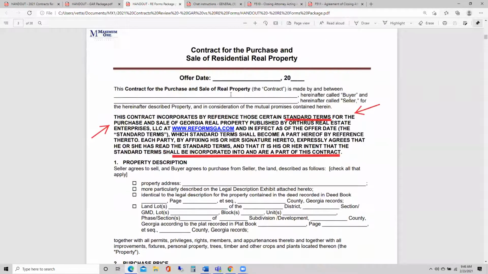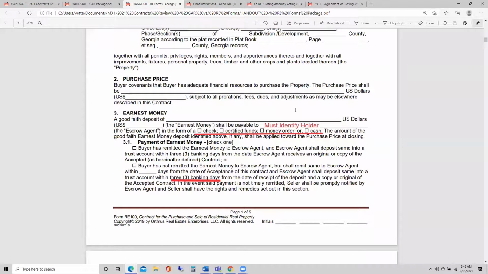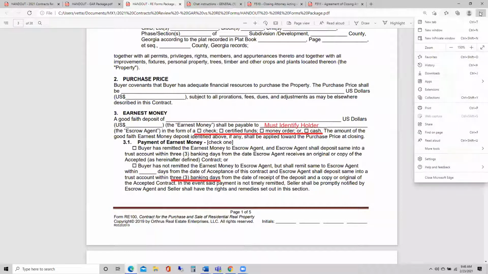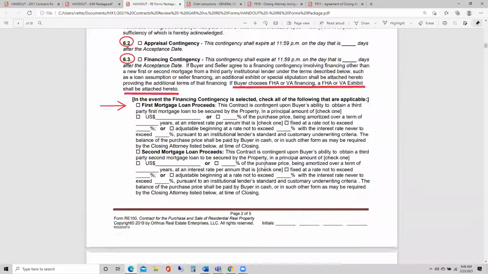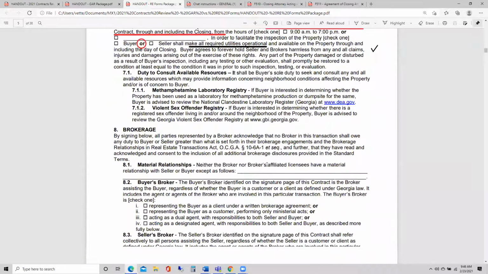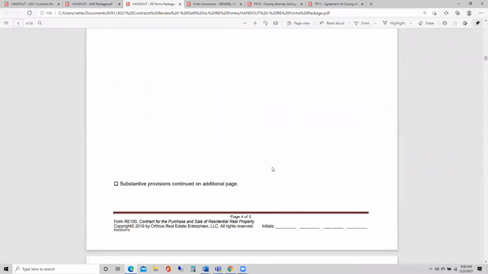In the RE Forms package, this is the actual contract with the fill in the blanks. This is a 5-page document. So the fill in the blanks are throughout the page, but there's not a whole lot of legalese. So where do you get the legalese, or what you think of as the corresponding paragraphs?